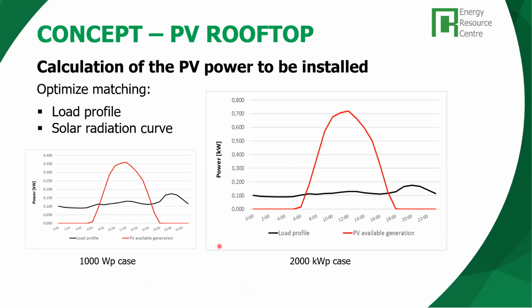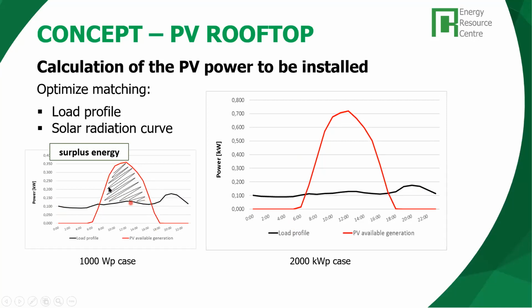And remember what happens when we have a PV rooftop, a grid connected system. We will have a certain demand, that is the black line for a given place. And then when we consider a PV system, we will have a certain generation. When the generation happens during daytime, with a lot of sun, a lot of generation from the PV modules, that could exceed the consumption at that moment.